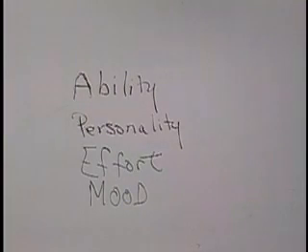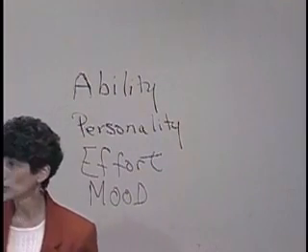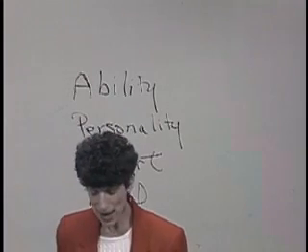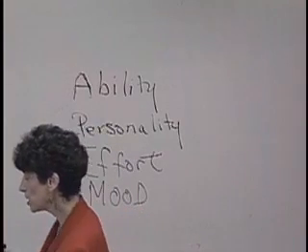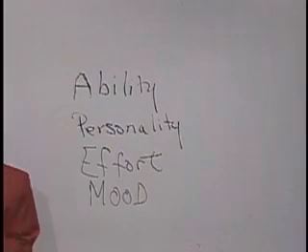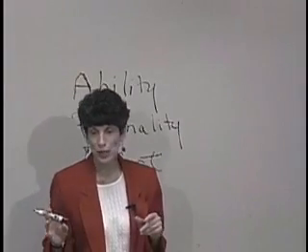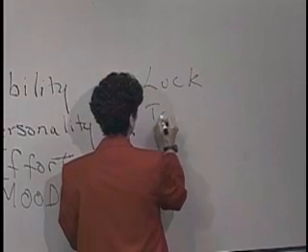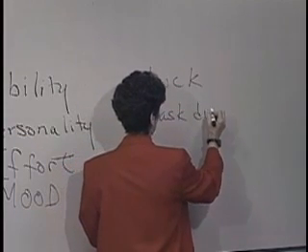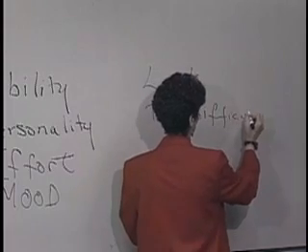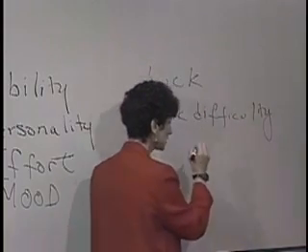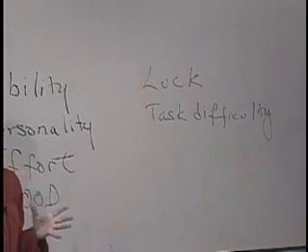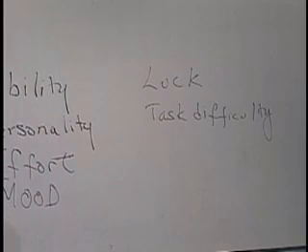And the other grouping would be situational attributions, some external factor. And what are some examples of things that fit into external factors when we're trying to explain somebody's behavior? Got lucky. Task difficulty. Easy, difficult in terms of explaining it. Anybody could do that?